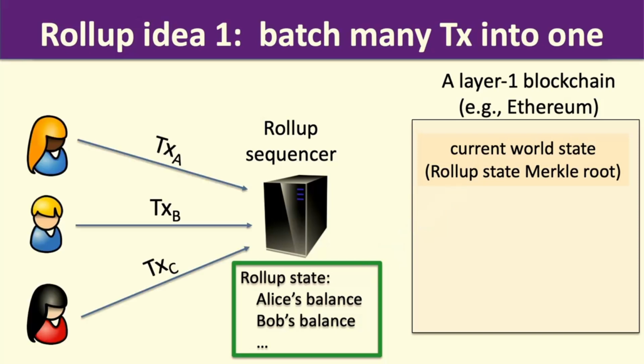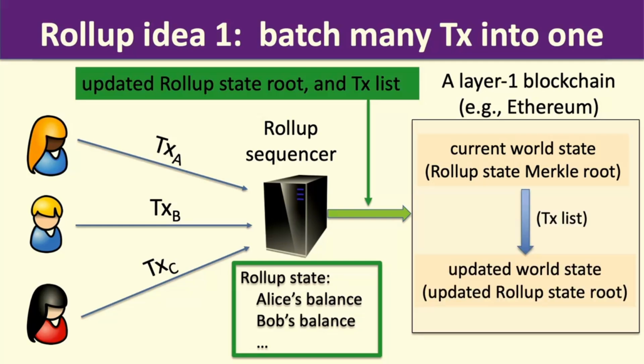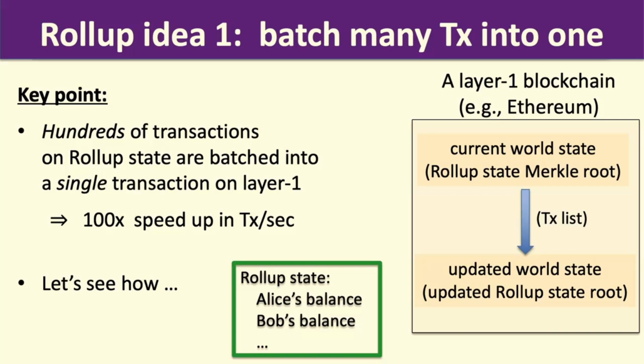Then it gathers a bunch of transactions from a bunch of users, updates its local rollup state, and pushes a summary of that onto the world state, including this transaction list. We just saw all of that. The key point is that you can take hundreds of transactions of a rollup state and batch them into a single layer 1 transaction, and this can give you up to 100x speed up.